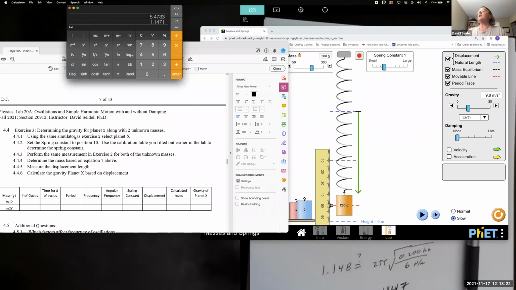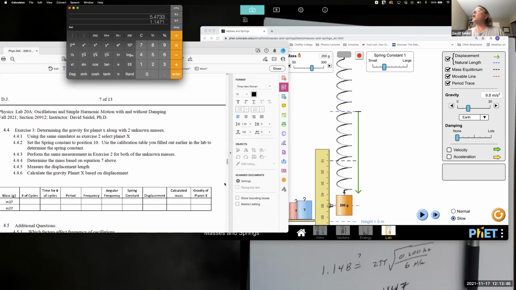You have a spring constant. You're going to measure the displacement. From that displacement, you can get a calculated mass and the gravity of the planet. But you have 2 unknown masses.